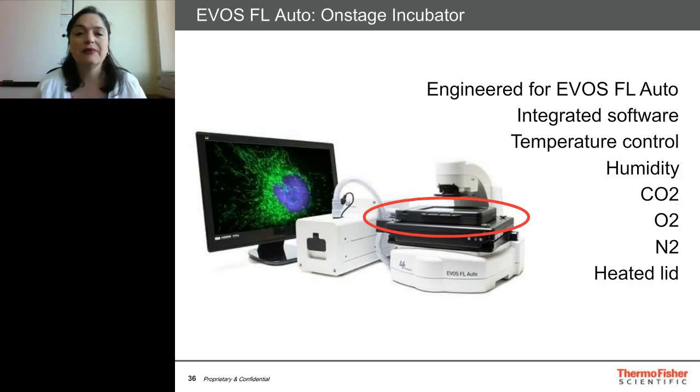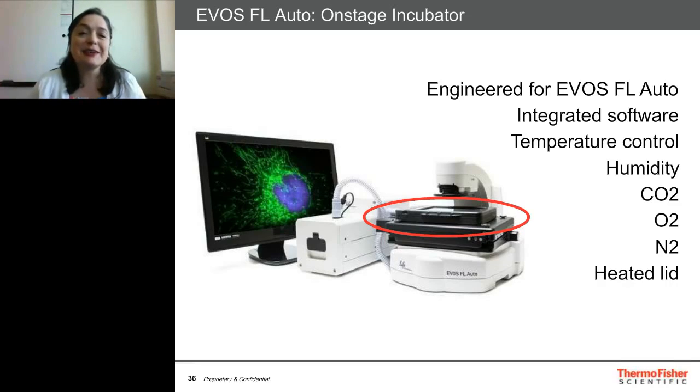So you can regulate the temperature, the humidity, how much oxygen they're getting, and it's all right there on the stage of the microscope, and you can control it digitally while you're setting up your experiment, and it's a really nice feature. I even like it better now than my 12-step confocal.